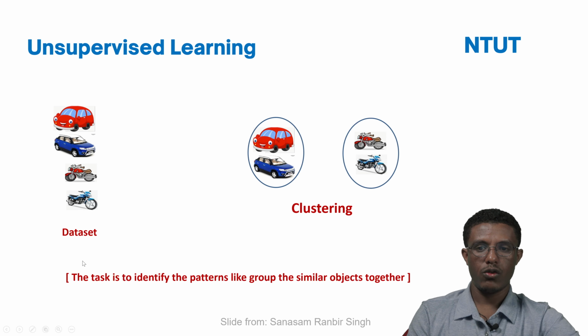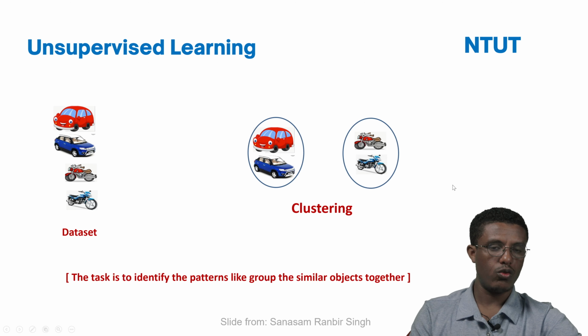You see here, this is just the data set, and then the model can cluster the data based on similarity. This one and this one are more similar, that is why they are clustered in one group, and these 2 pictures are similar and clustered into one group.